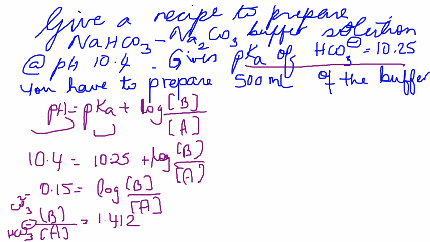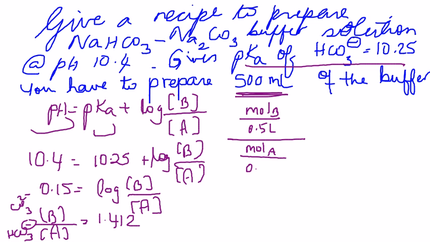In this case though, we have been given that you have to come up with only 500 milliliters of the buffer. So hopefully you can see that the square brackets mean molar concentration, which is nothing but moles per liter of the solution, of the base divided by that of the acid.